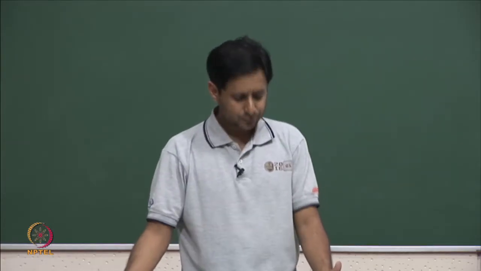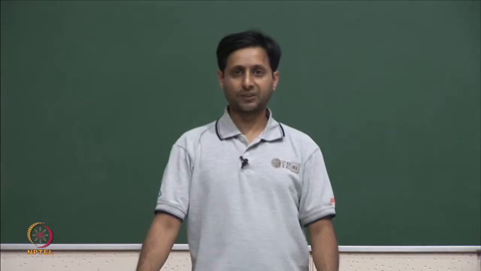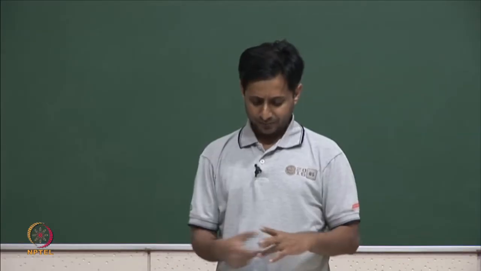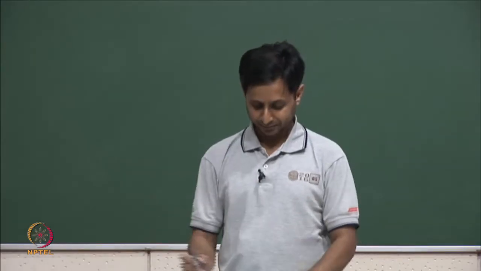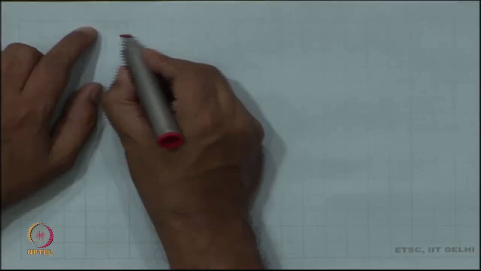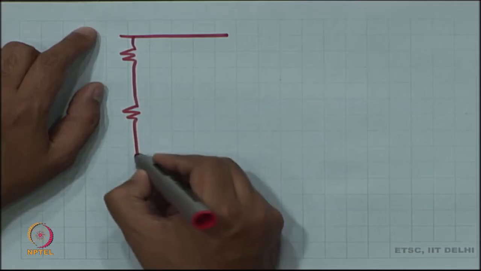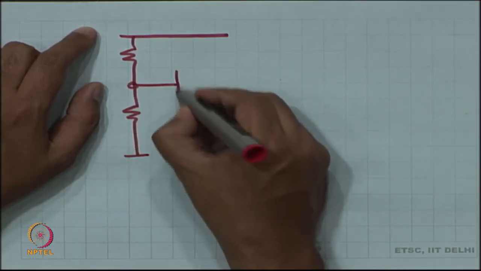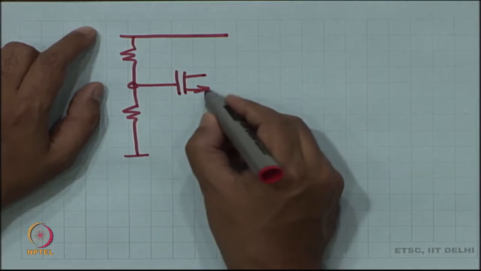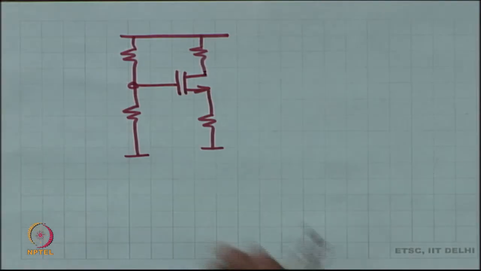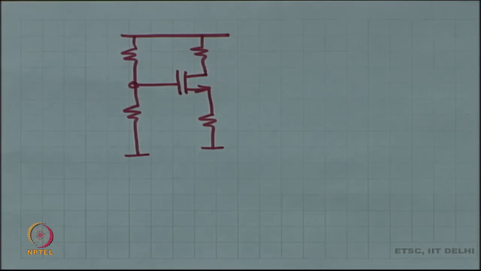So, let us try to understand what the limitations of our circuit are, and these limitations are called the swing limits. So, let us look at the circuits one by one. First of all, our biasing circuit is common. It does not matter what you are doing, common source, common drain, common gate, we use the same core structure to establish the DC operating point.